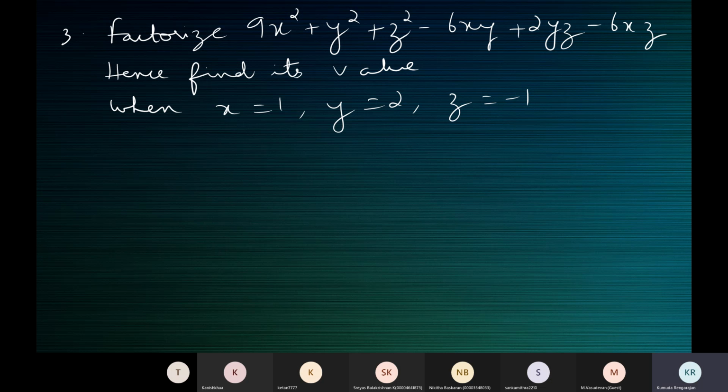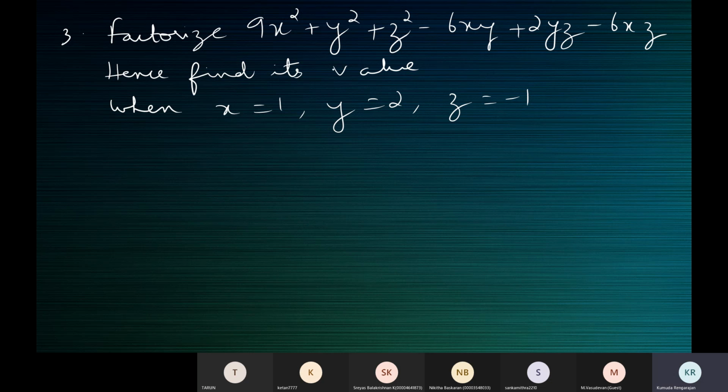A square plus B square plus C square plus 2AB plus 2BC plus 2CA is equal to A plus B plus C the whole square.